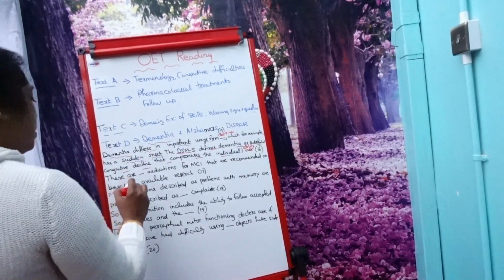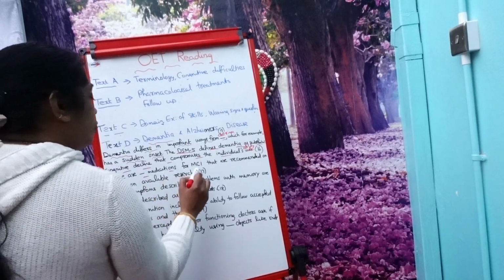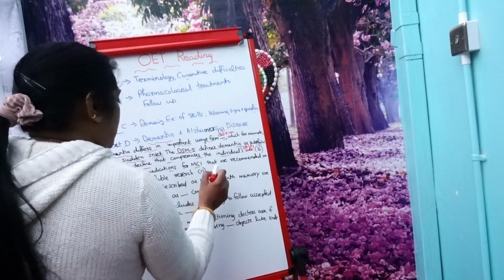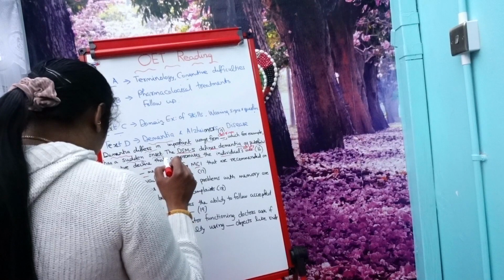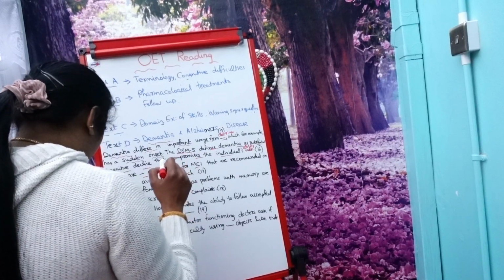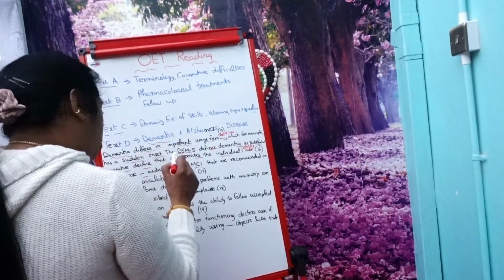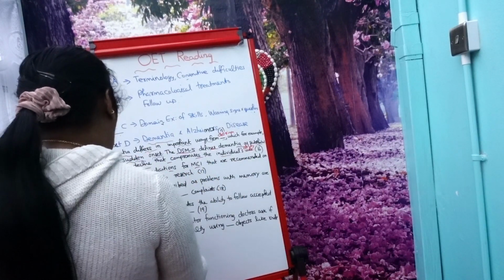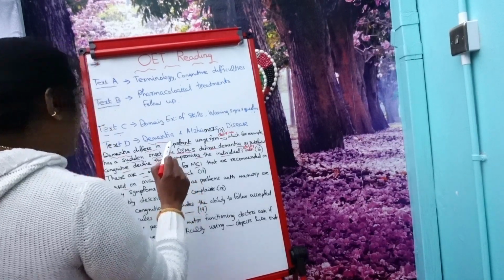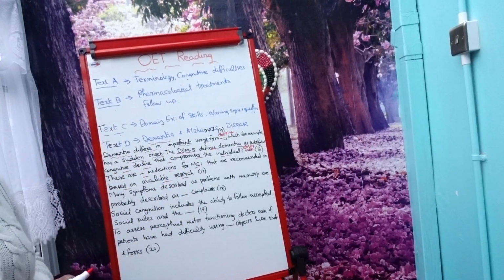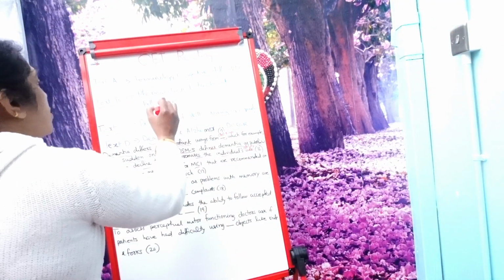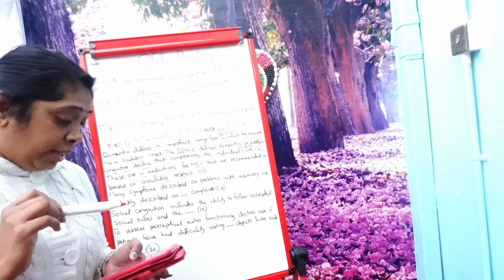So the next one: there are dash medication for MCI, mild cognitive impairment, that are recommended based on available research. Mostly you will get the answer maybe as pharmacological treatment, but in that, what it says is a tricky question. Okay, you may slip on that.